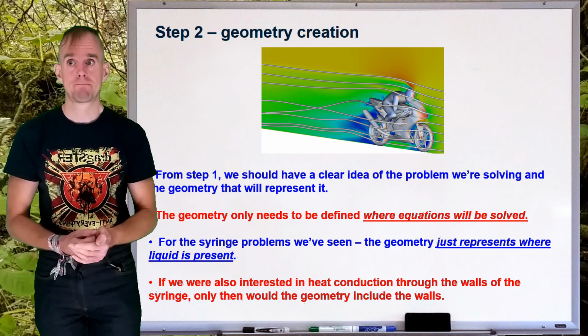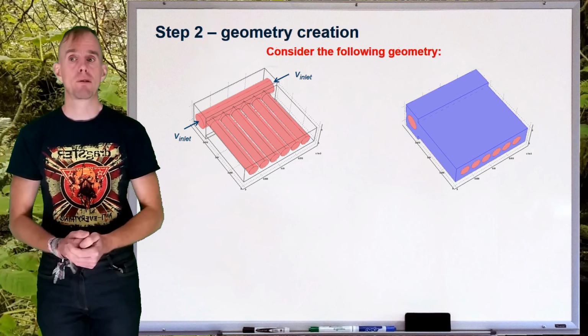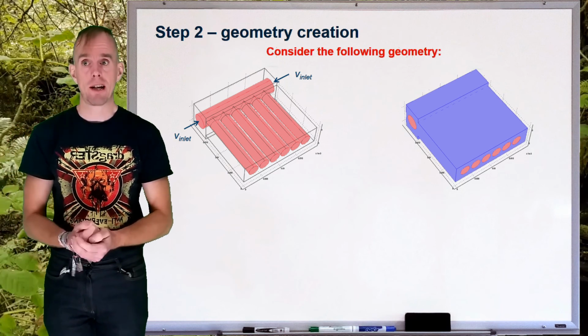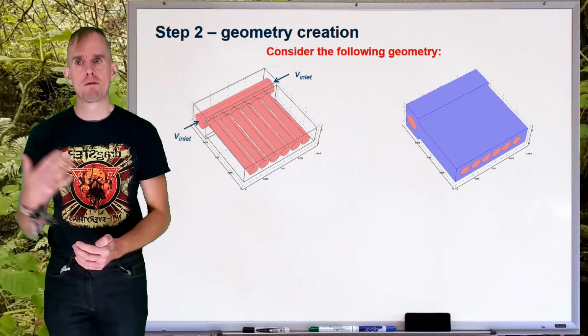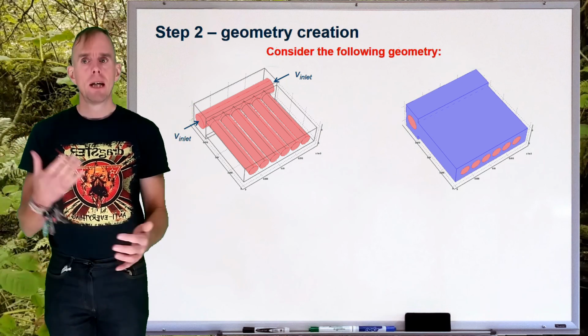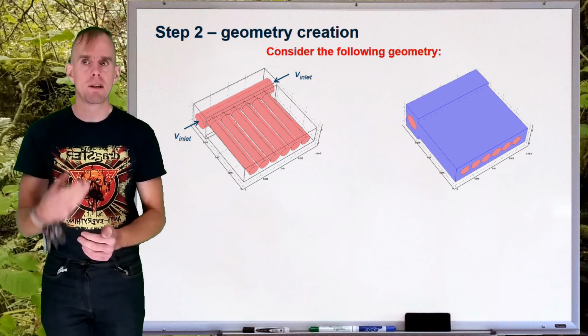So, I'm going to take you through an example that you'll see in your second tutorial, which is an injection head. Now, on the whiteboard in front of you, I've put two pictures, one red, one blue and red. If you look at the red picture first, you can see the fluid flow paths within this injection head.